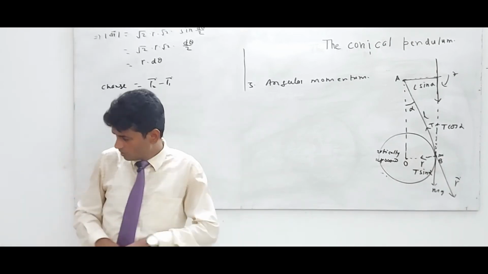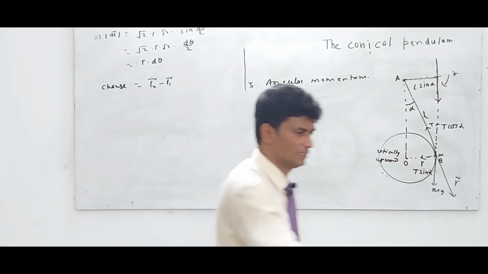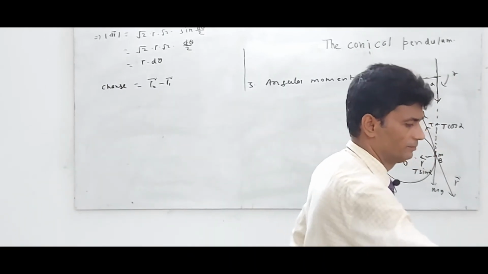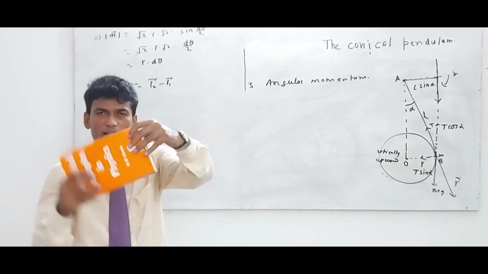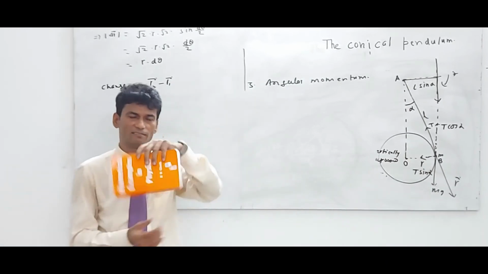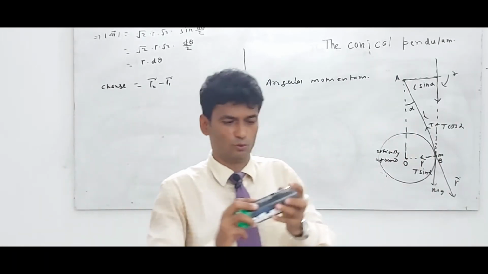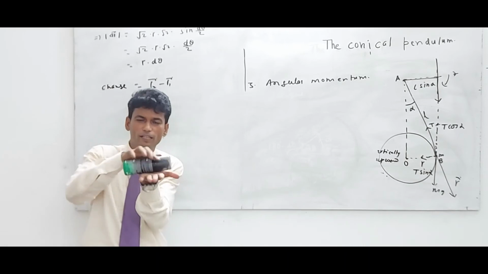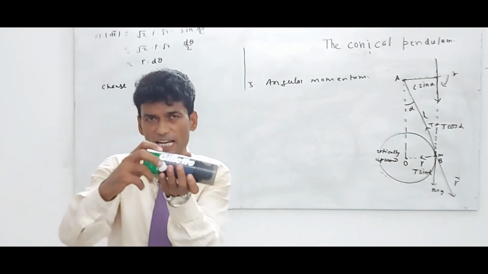Suppose we have a body like that. Say this is the body. It might be under translation, it might be under rotation, or anything. Say this is under rolling, rolling like that. It means it is translating as well as rotating.